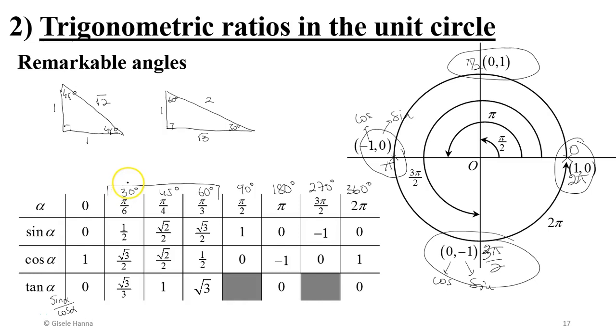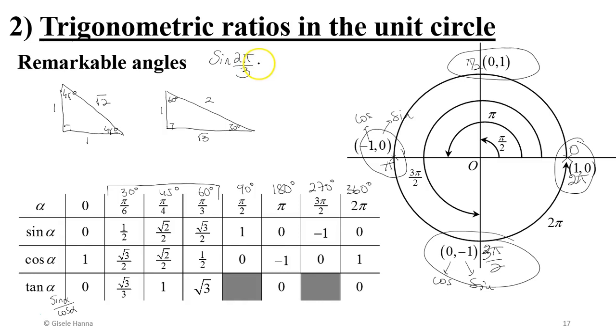For example, in a previous lesson, I had to determine sine of 2 pi over 3, and I immediately used this to be equal to square root 3 over 2.